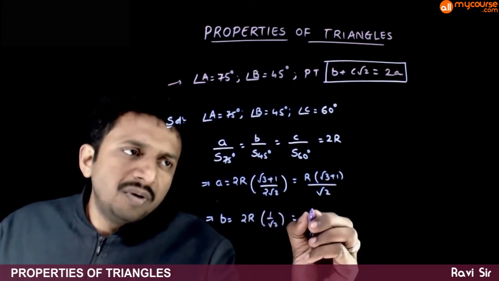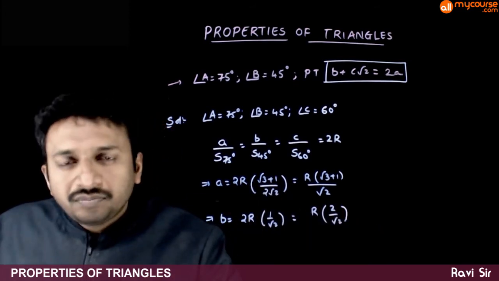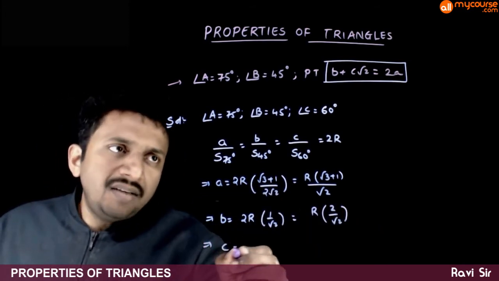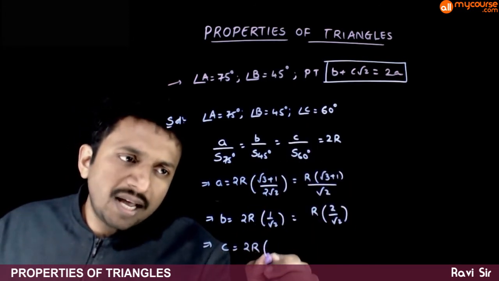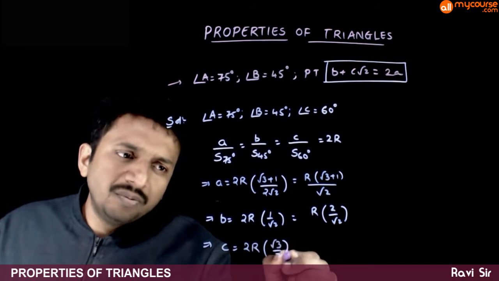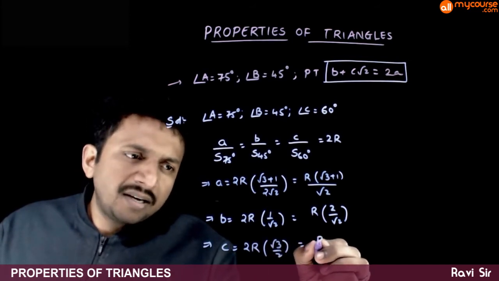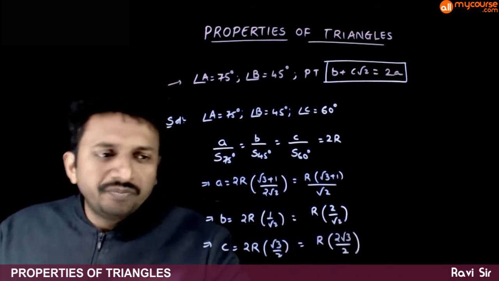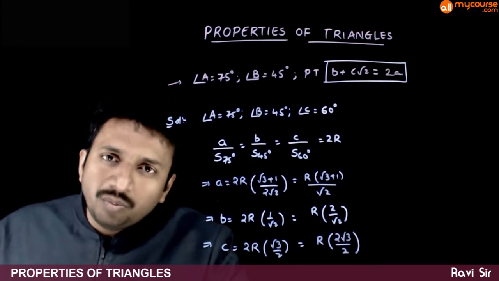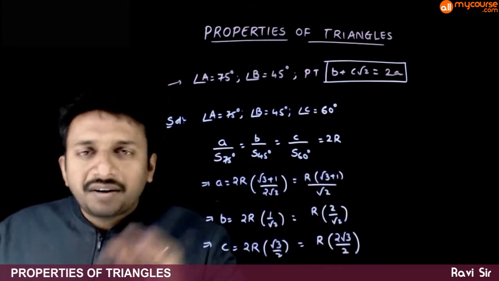That is equal to R times 2 upon root 2. And c will be equal to 2R times sine 60 degrees, 2R times root 3 by 2. That is equal to R times 2 root 3 by 2. So this is how a, b, c look in terms of R.